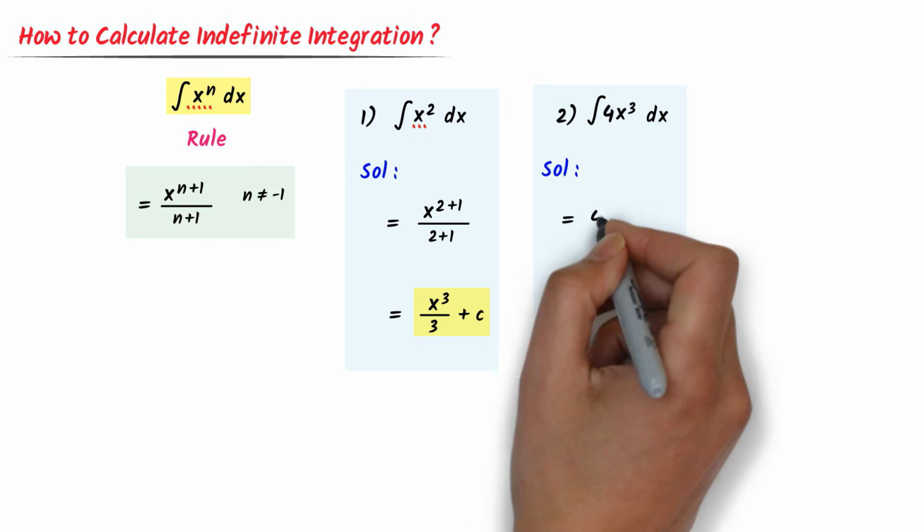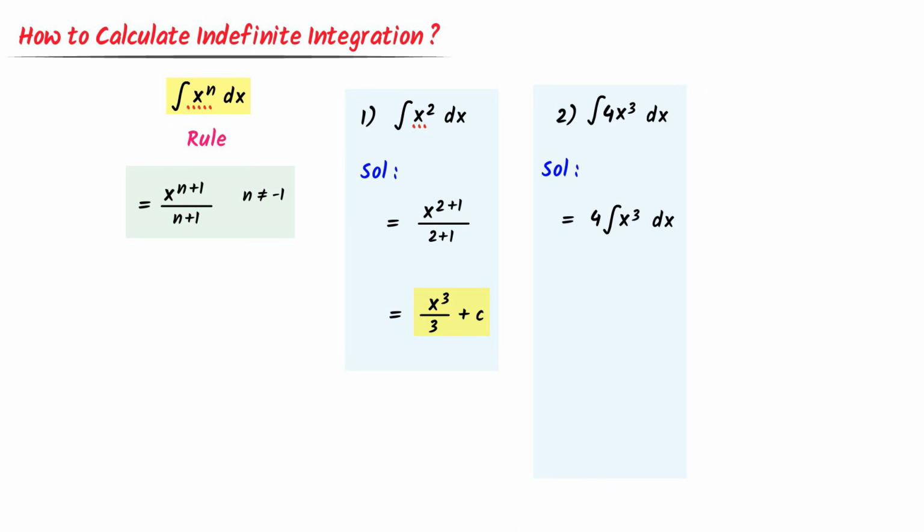I write 4 integral x cube dx. I write 4x cube. I add 1 to the power and I shift this power to the denominator. I get 4x raised to the power 4 upon 4. Now this 4 and this 4 cancel out. I get x raised to the power 4 plus c. Hence this is the answer of this question.